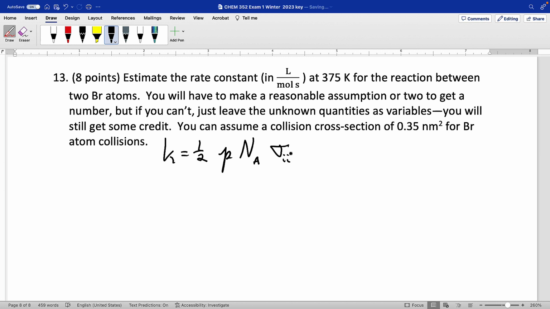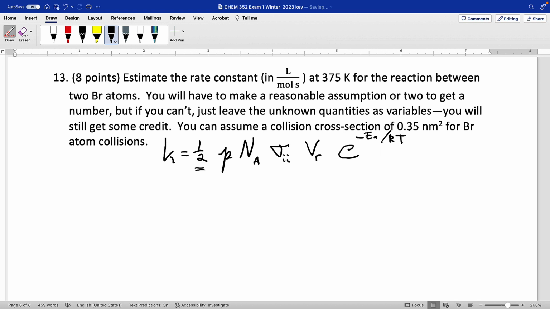Because a collision between particle 1 and 2 is the same as a collision between particle 2 and 1. So you do have to do that when you have identical particles. That's where this comes from. So that's missing when you have collisions between unlike particles. Okay, we've got the relative speed, and we've got this activation energy term.